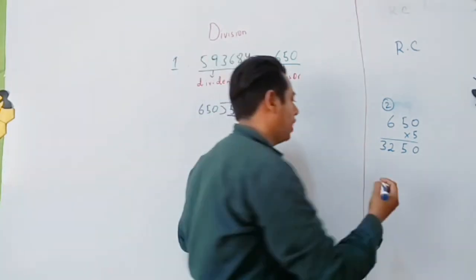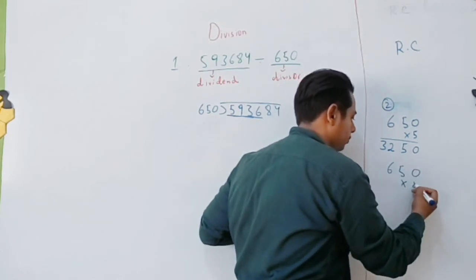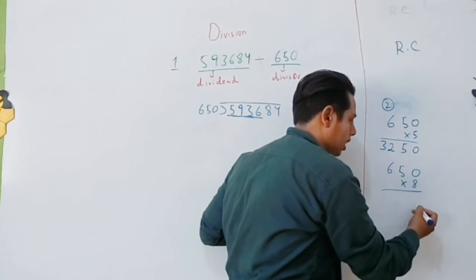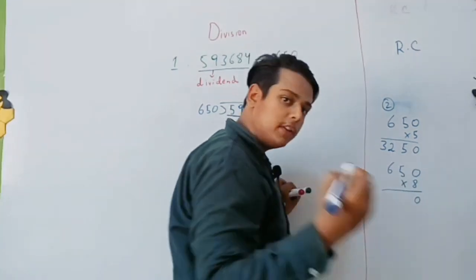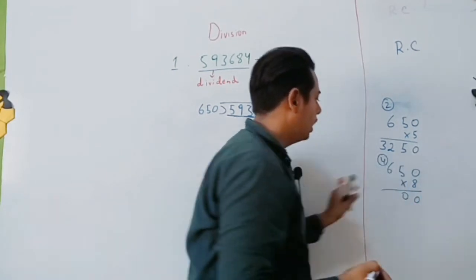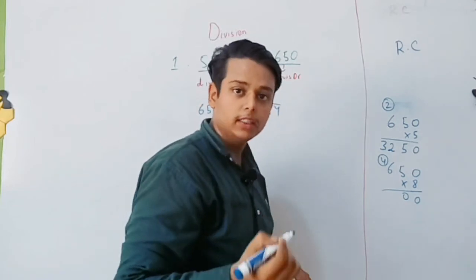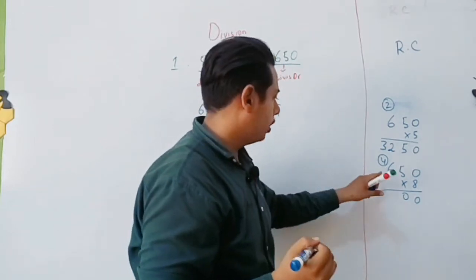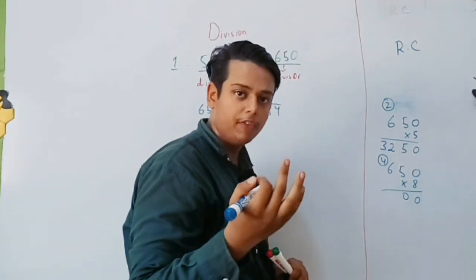So I am multiplying now 650 with 8. 8 zeros are 0, 8 fives are 40. So 4 as a carry and 0 over here. Now 8 6s are 48. 48 plus 4, 49, 50, 51 and 52.